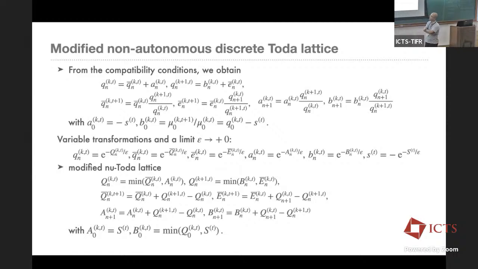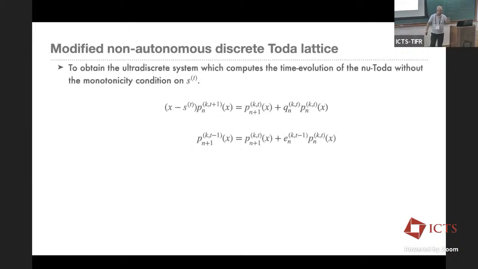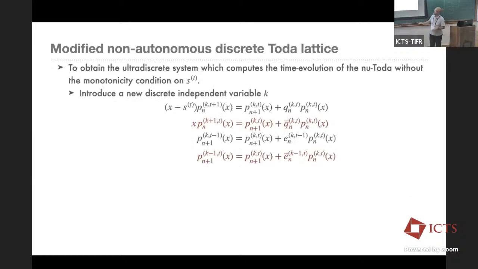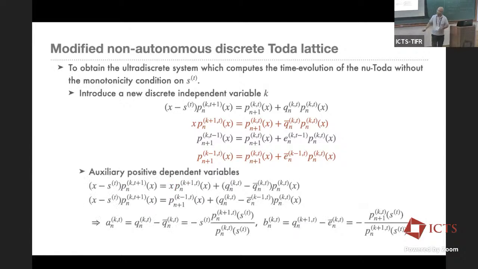Are Q bar, E bar, and A new variables? Yes. This is the previous expression for Q and Q bar, and E and E bar. And for the dependent variables, A and B are also new.